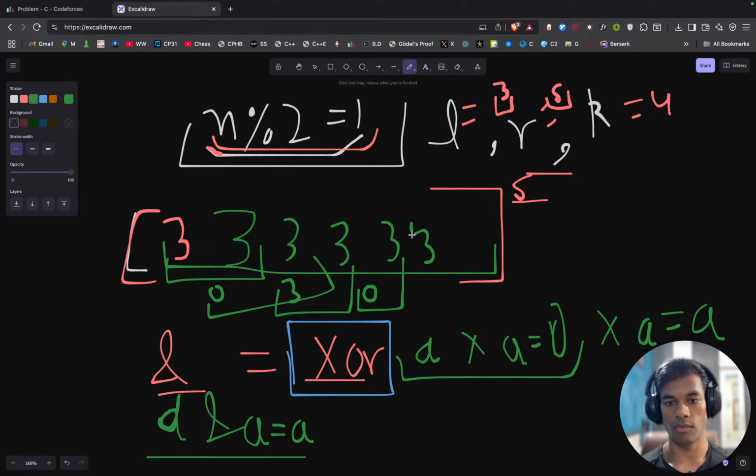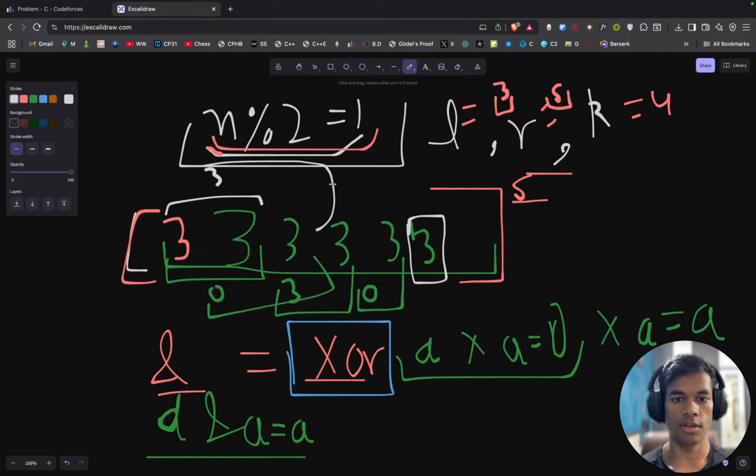So the XOR of the whole thing would be 3. And if I were to take AND of these, it would result in 3 every time. And here we have AND equal to XOR.